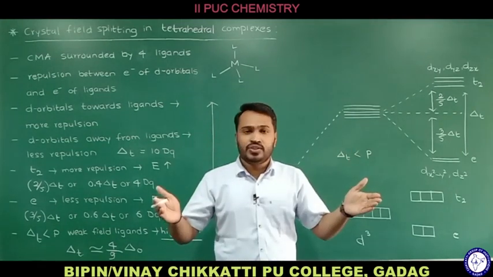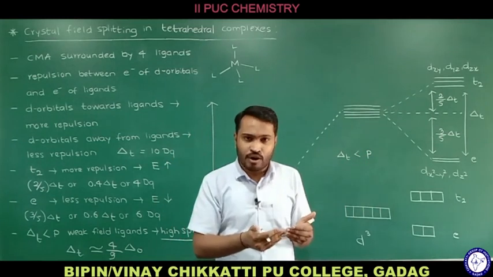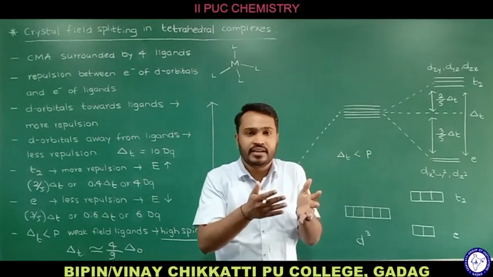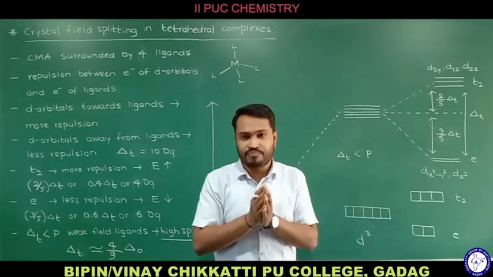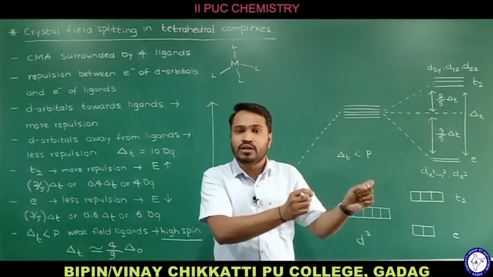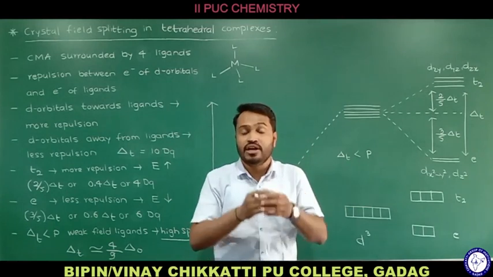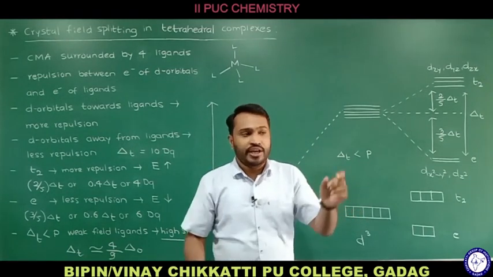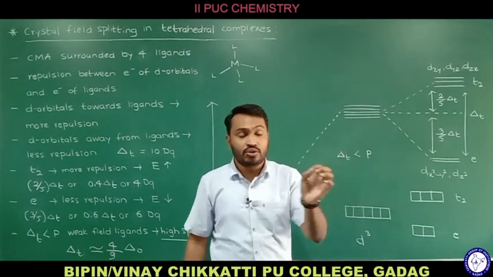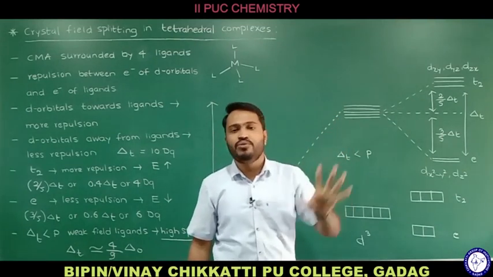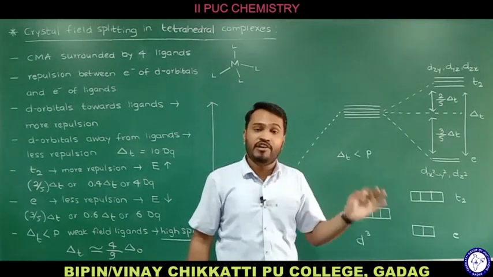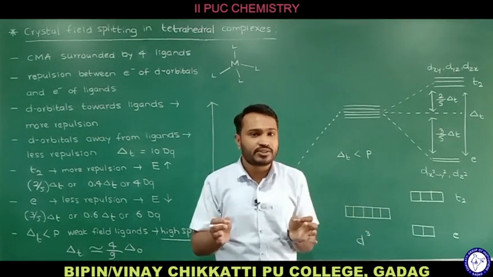In both cases, when the d atomic orbitals of the central metal atom approach the ligand, there will be interaction with the electron cloud, and therefore repulsion is going to occur. In both cases, if we have d atomic orbitals towards the ligand, repulsion will be more. In both cases, when we have d atomic orbitals away from the ligand, the repulsion will be less.